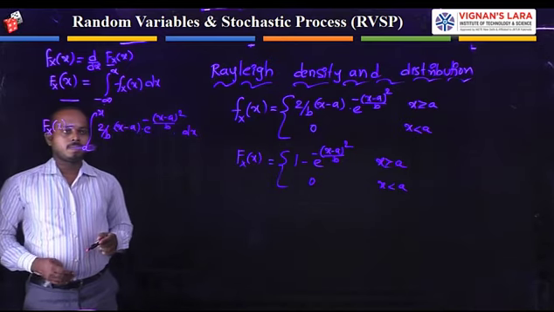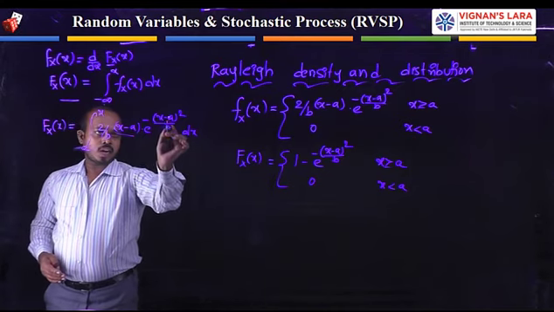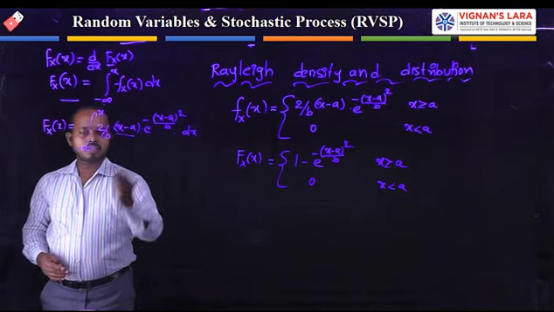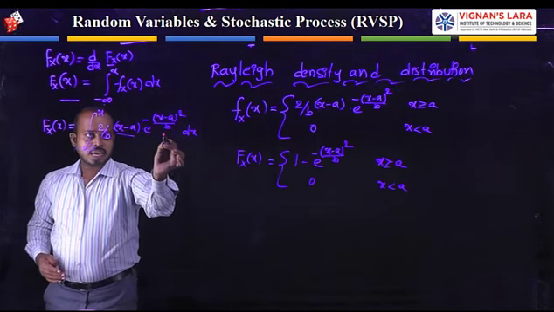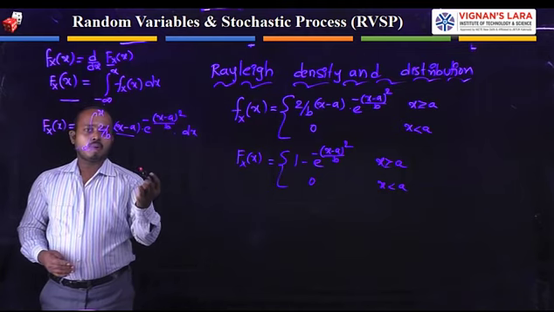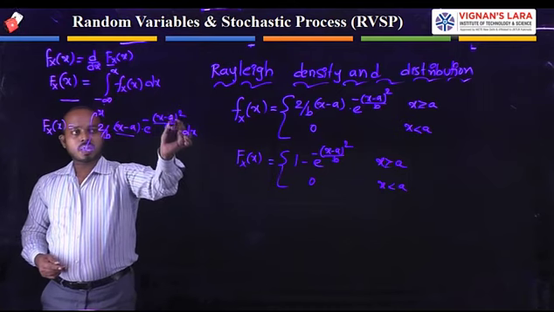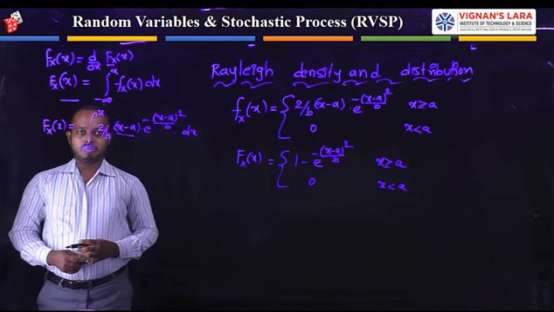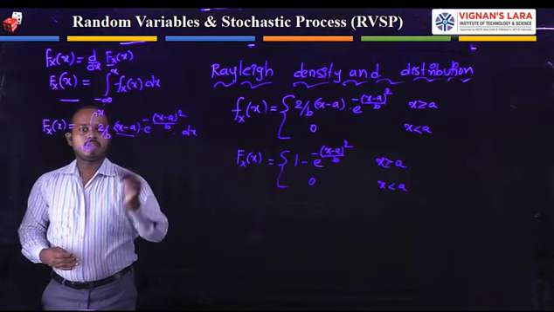Here we have x minus a in the product and also in the exponential term, so we can simplify the integration. We take an assumption: the power in the exponential term we treat as another variable, y, because it is easy to simplify the integration.